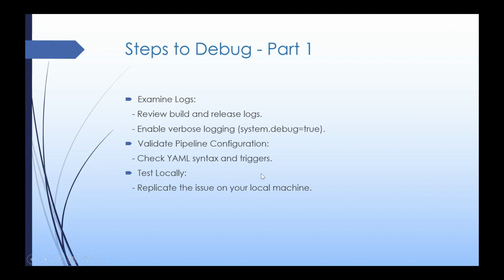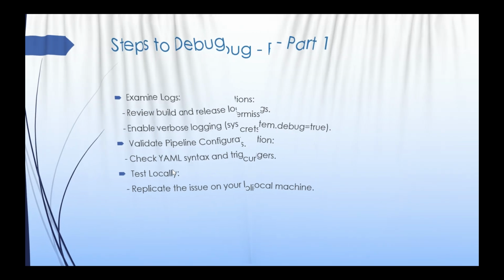You can test your script or whatever you have locally, and if you are getting any issues locally, you can fix them first, then push them to the repository. Basically you can replicate the issue on your local machine, first fix that issue there, and then just push those fixes to your repository so that your pipeline will run smoothly.